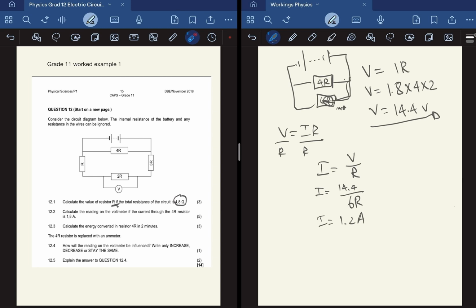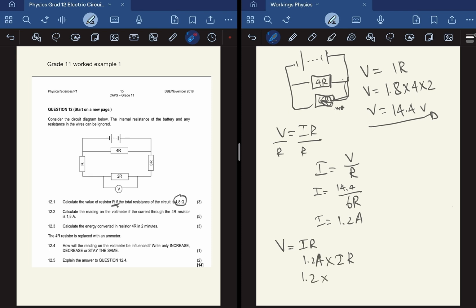From here on, you are going to calculate the voltage at the 2R resistor. You know the current will be the same. That's 1.2 amps times 2R. But what do you know? The value of R is 2.